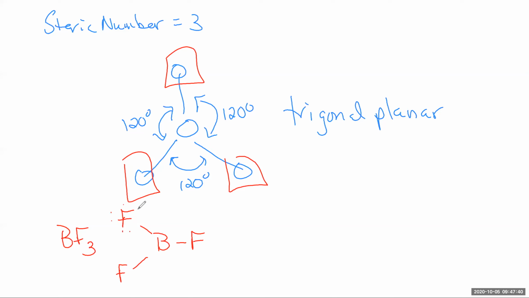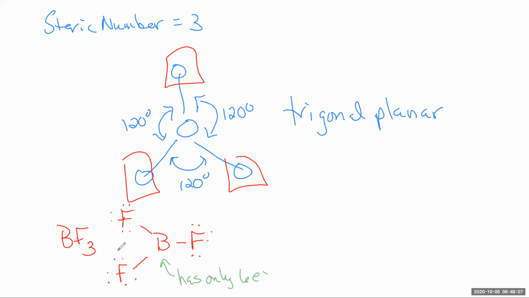But what's not good for us is that it doesn't obey the octet rule. If you look closely, this has only 6 electrons. Now there's a reason that people draw it that way. You can make it have a double bond and use the right number of electrons, but as you move through Chem 1A, you'll see why that's not the typical way that people draw it.